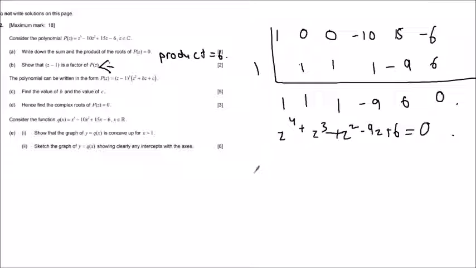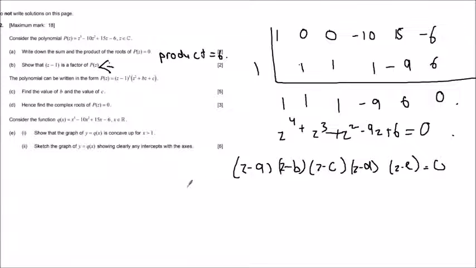Okay, so I'm going to write that down right now. If you put z minus a, z minus b, z minus c, z minus d, z minus e equals 0, you're going to expand this. Z squared minus az minus bz plus ab, and then you're going to multiply this with z minus c, and then it's going to spiral into confusion.